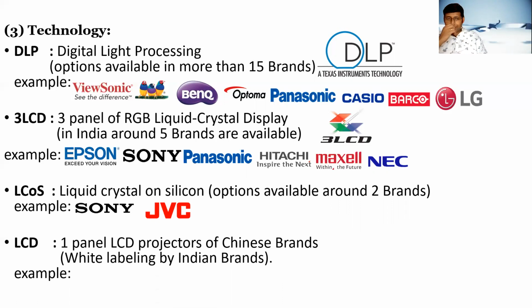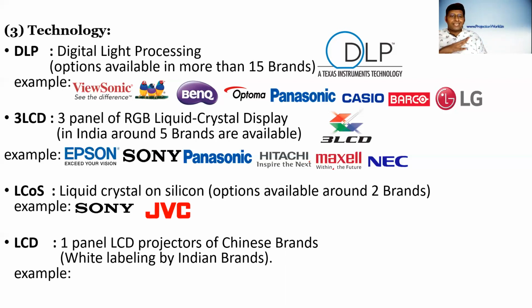The fourth one, we have purposely kept LCD projector to distinguish between 3LCD and LCD projectors. Now there is a misconception because the projectors you can see on Amazon and Flipkart start from 3,000 to 5,000 onwards, 3,000 to 15,000. These ranges are white labeling projectors.